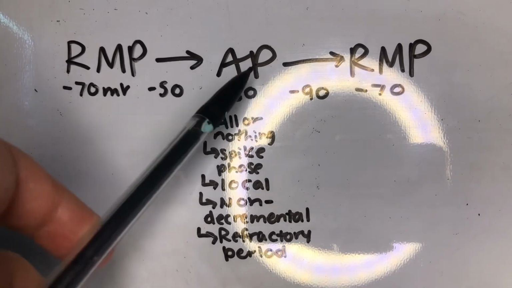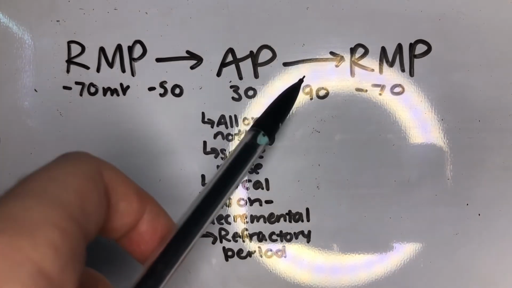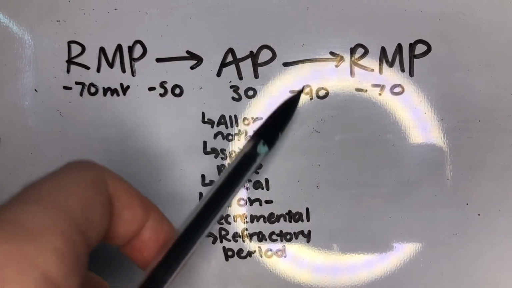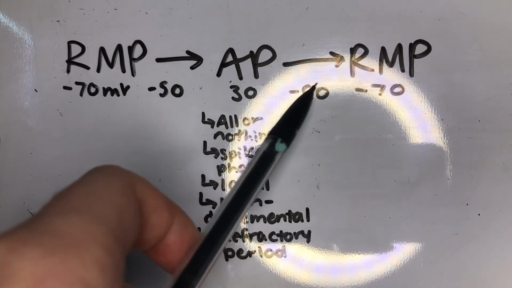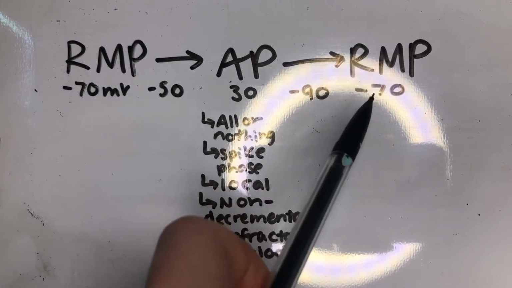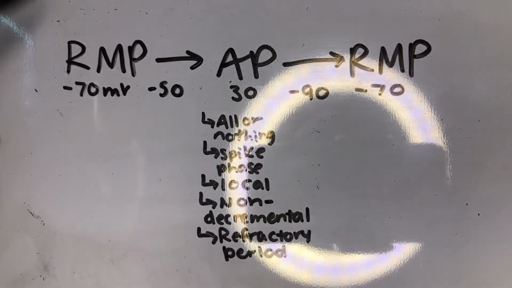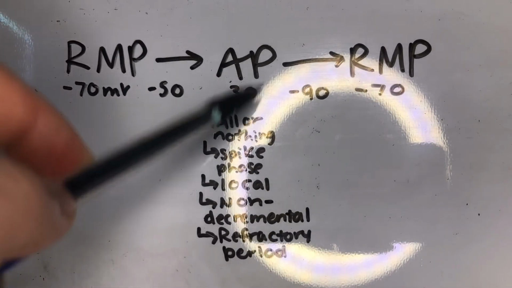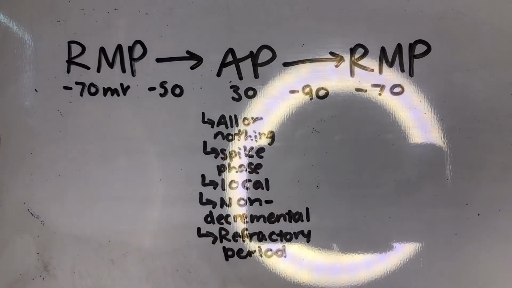Once it reaches 30 millivolts, we're going to go through hyperpolarization and repolarization to negative 90. And the repolarization is going to finish the job by returning the membrane potential to its resting membrane potential at negative 70. So -70, -50, 30, -90, -70.